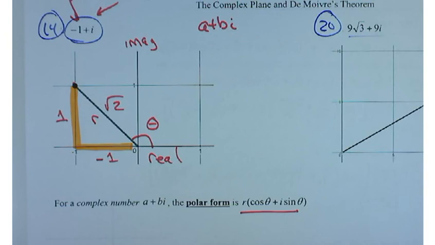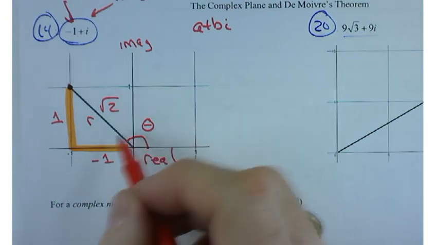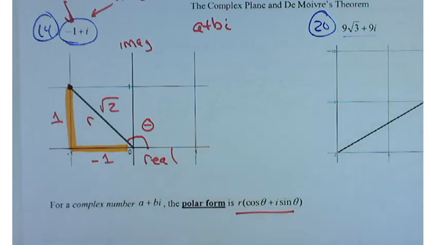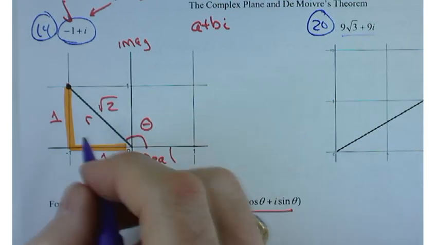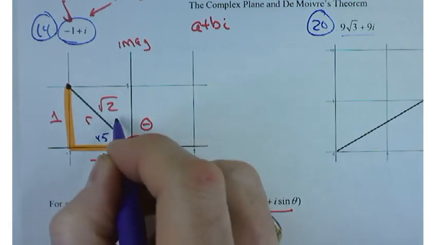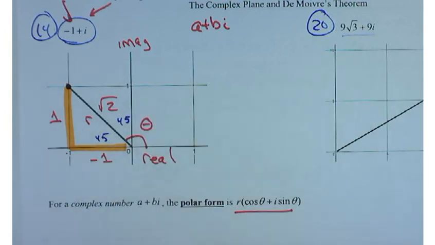Now, in this particular case, we could do a lot of fancy things to find what theta is, but can you just look at theta and know what it is? Are you that comfortable with your trig yet? Not 120. These two angles have to be the same. This has to be a 45-degree angle, and this has to be a 45-degree angle, right?